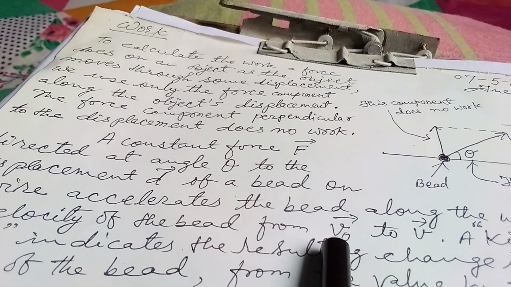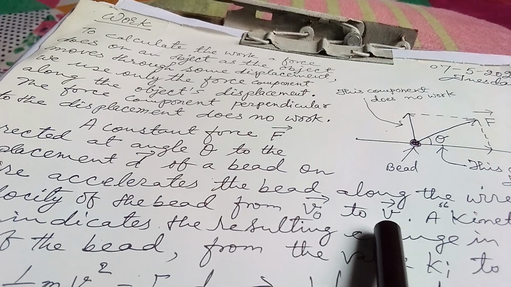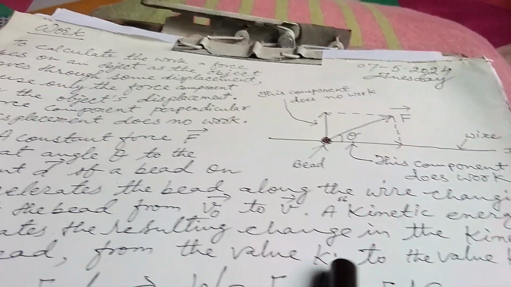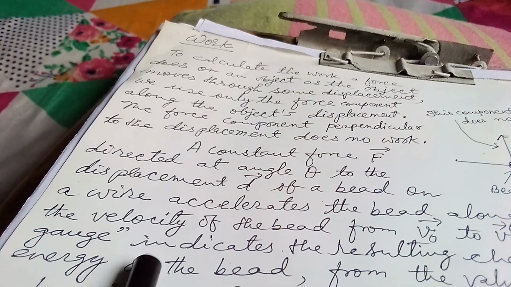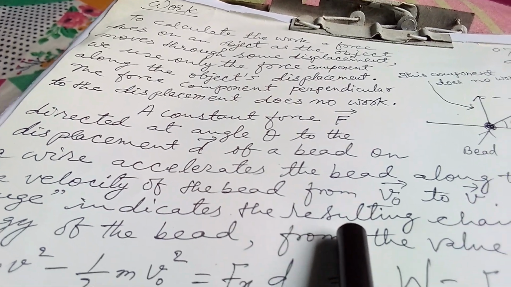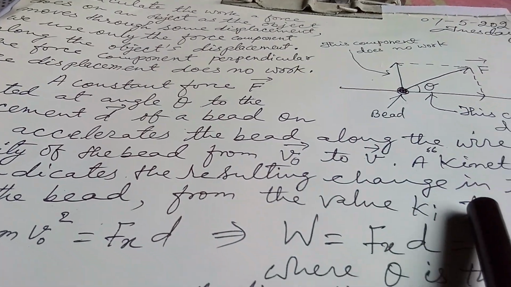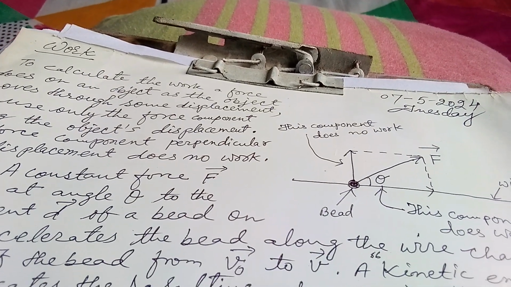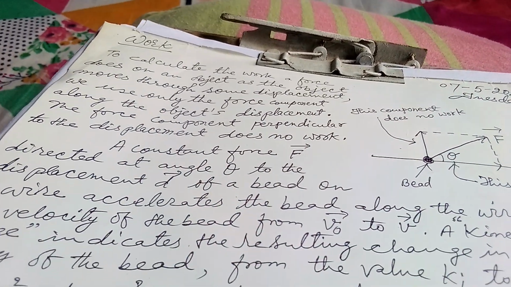That means this is the initial velocity and this is the final velocity. A kinetic energy gauge indicates the resulting change in the kinetic energy of the bead.